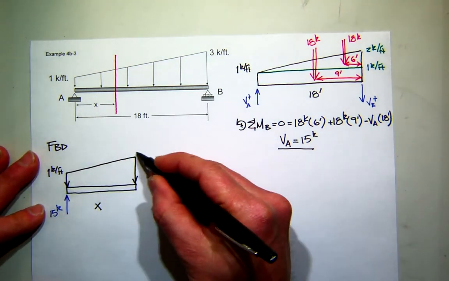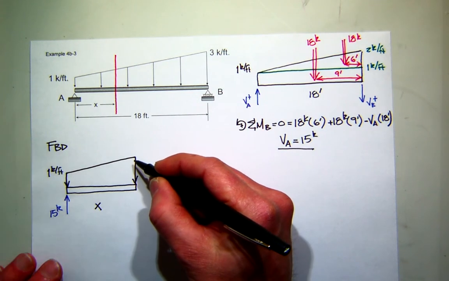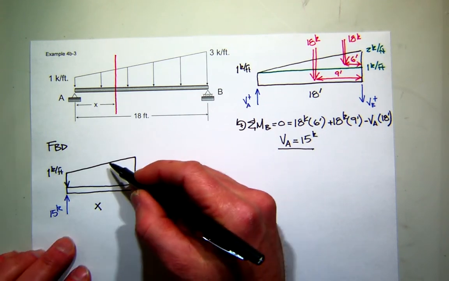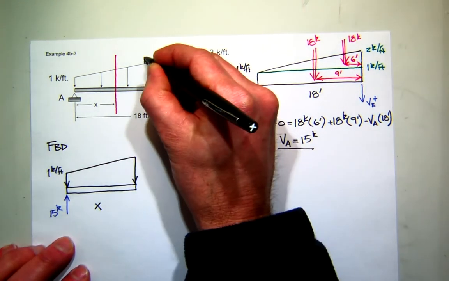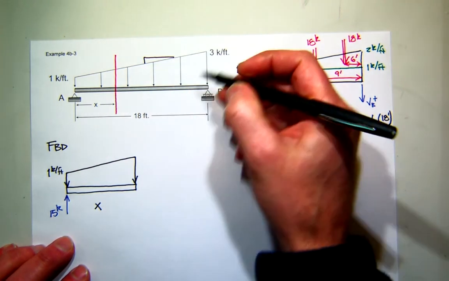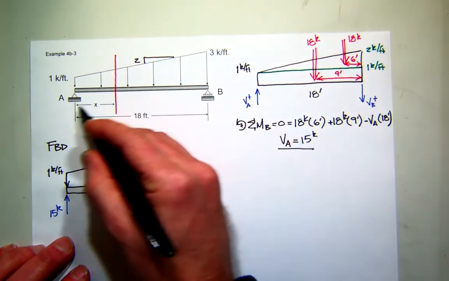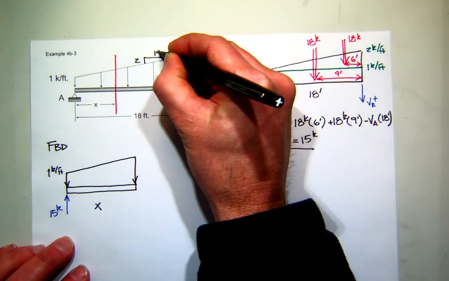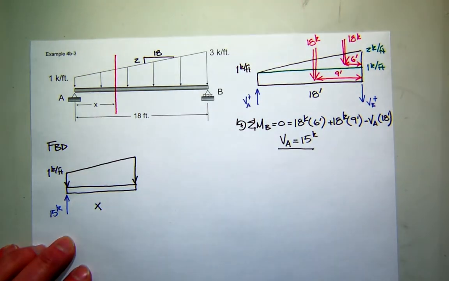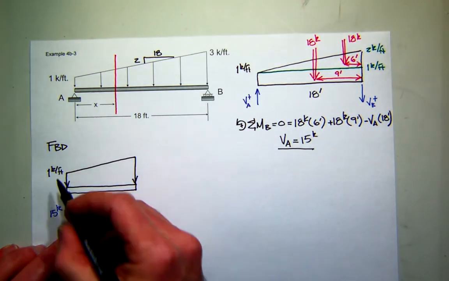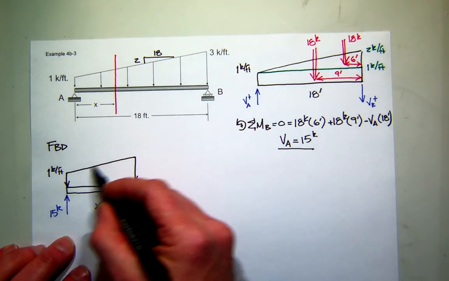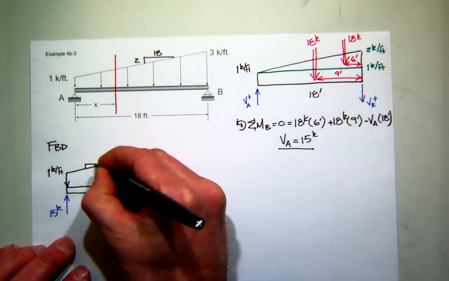What is the value here? What's the slope of this line? If I go back and calculate the slope, what do I get? What's the change in the height? 3 minus 1 is 2 over 18. So that's a slope of 1 to 9. So that means I'm going to start off at 1, and this is a 1 to 9 slope.